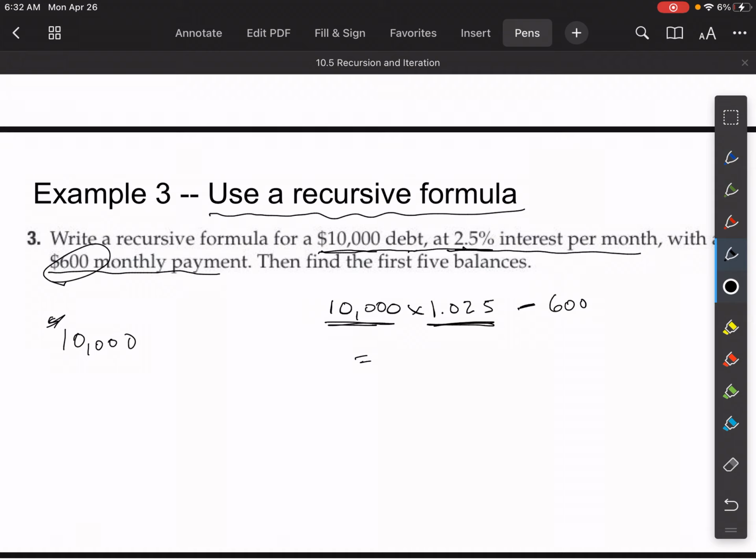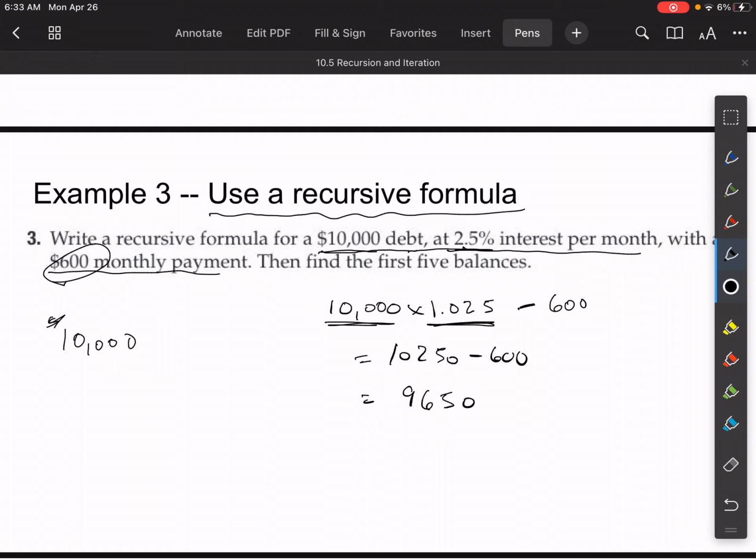Okay, so if we do that, let me just do this on my calculator here really quick. I encourage you to do the same. 10,000 times 1.025 gives me 10,250. And then I got to subtract 600. So if I subtract 600, which is my payment, now I have a balance of $9,650.